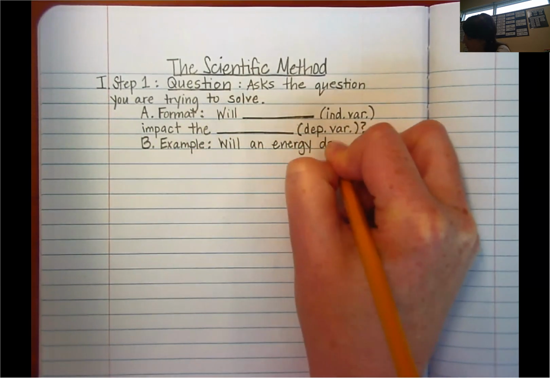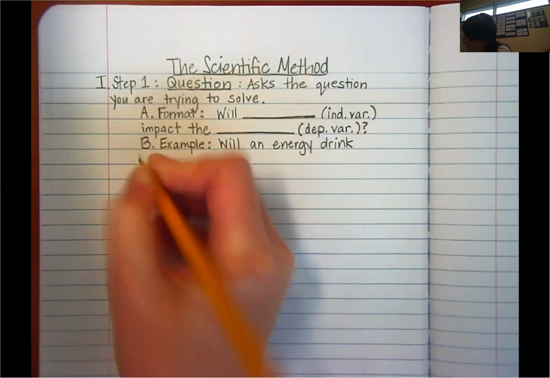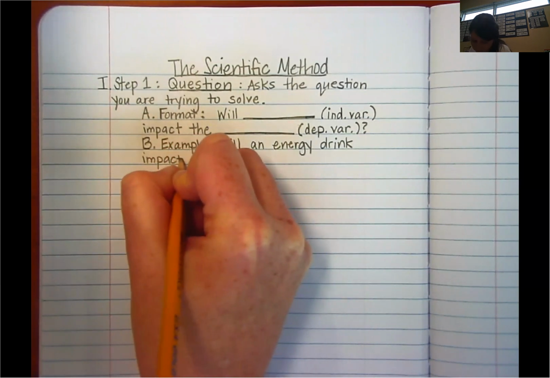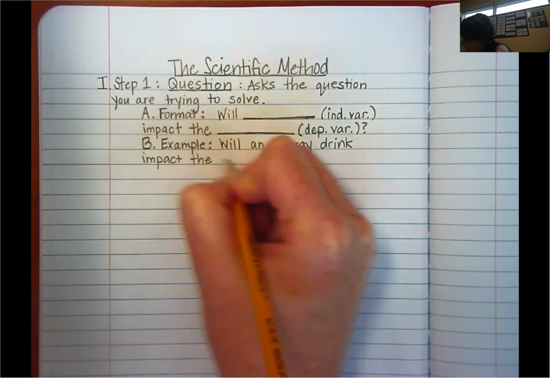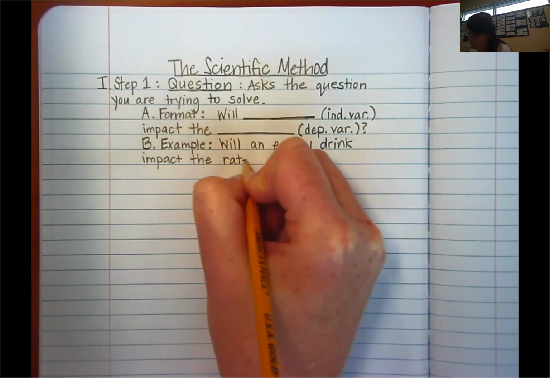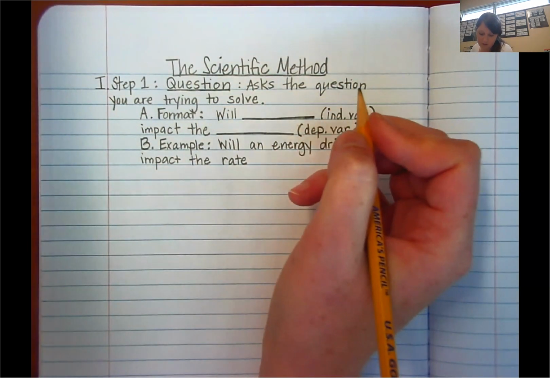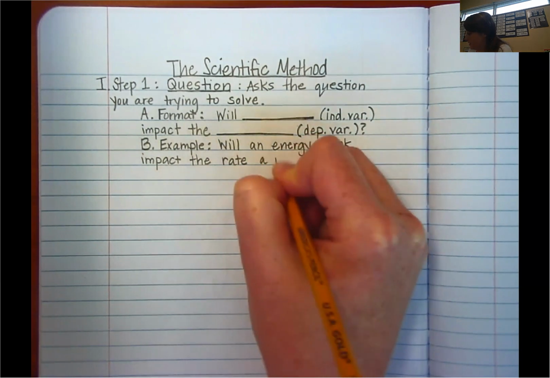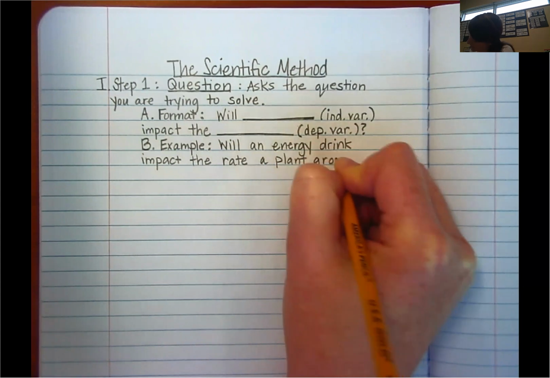What am I manipulating? Will an energy drink impact the rate or speed or growth of a plant? So I'm going to put the rate a plant grows. And that's the dependent variable.